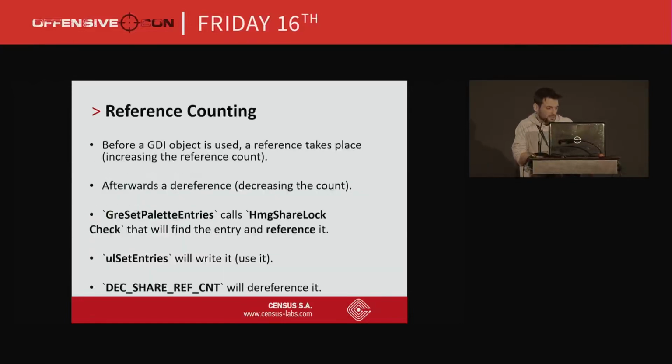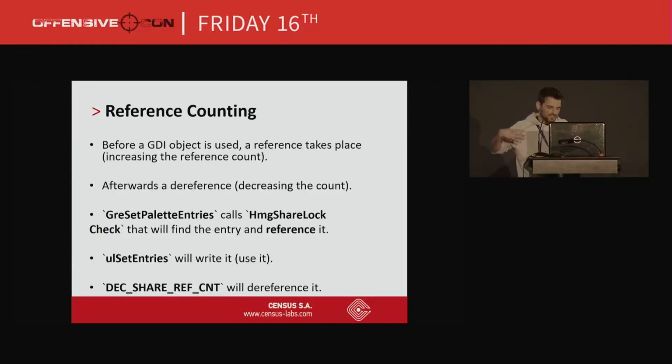So let's see the mitigation. As you may know, before a GDI object is used, a reference of that object takes place by increasing the reference count, and afterwards a dereference takes place. For example, set palette entries is going to call the SEBLOCK check with the handle that we have provided from user space, which will find the lookup entry and will reference the object by increasing the reference count.